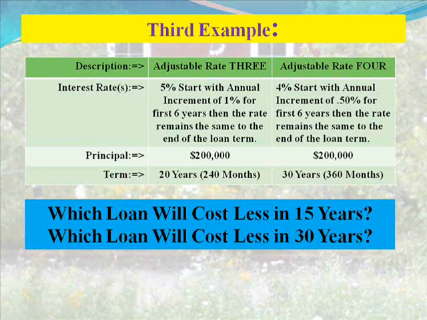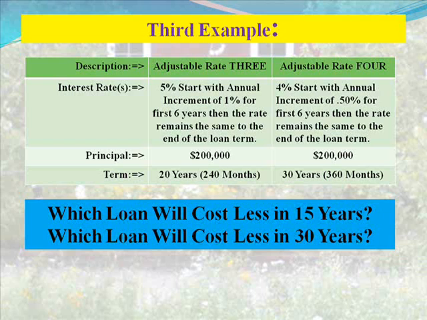For my third and final example, I'm going to compare two adjustable rate loans. For the loan I'll call adjustable rate 3, we'll have 5% start rate with annual increment of 1% for the first 6 years.